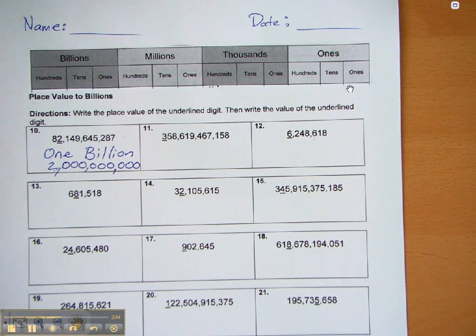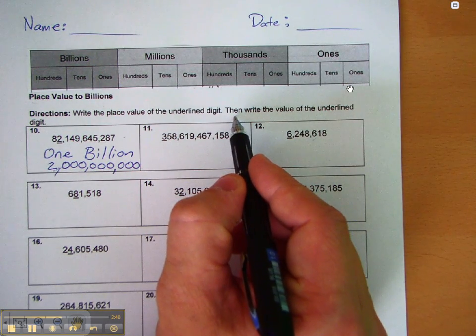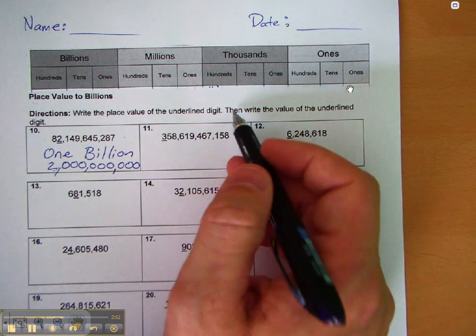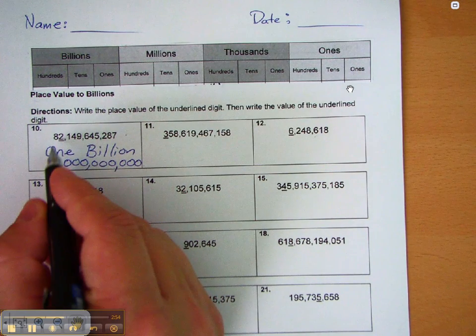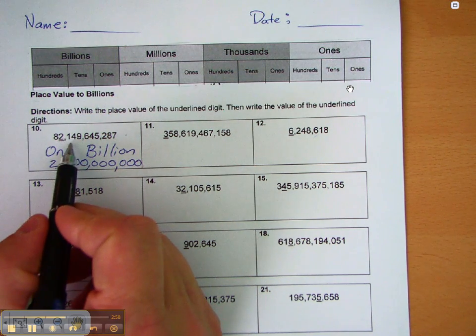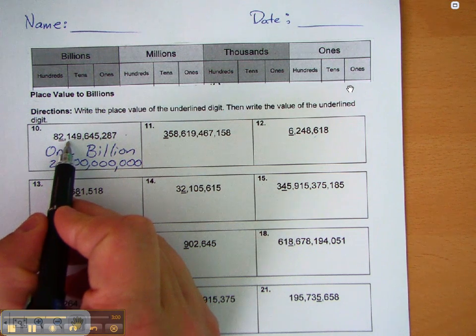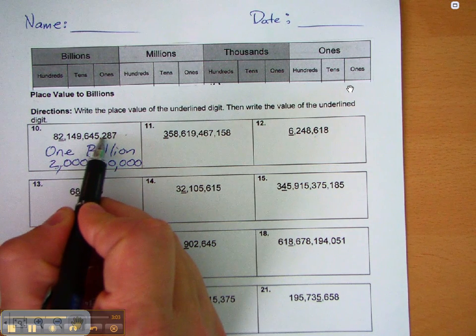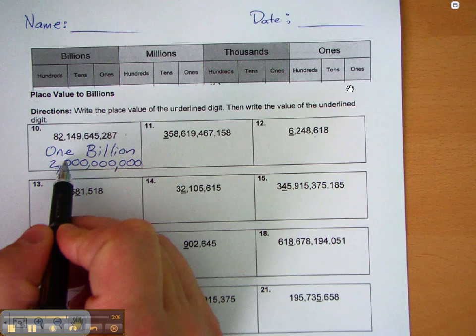All right. Now also, it asks you on the second part to write the value of the underlined digit. There's a very easy way to go about doing this. The very first thing you do is to write the actual number, which is a 2, and I wrote it here. And then you count the numbers that are to the right of that number. So it's 1, 2, 3, 4, 5, 6, 7, 8, 9 numbers. And just go ahead and put in 9 zeros.